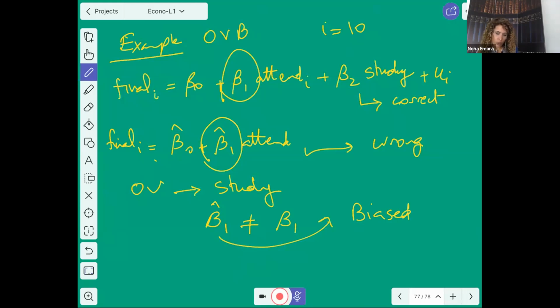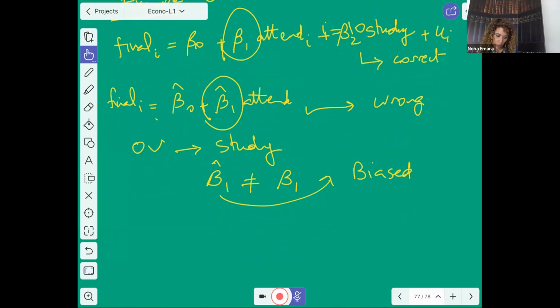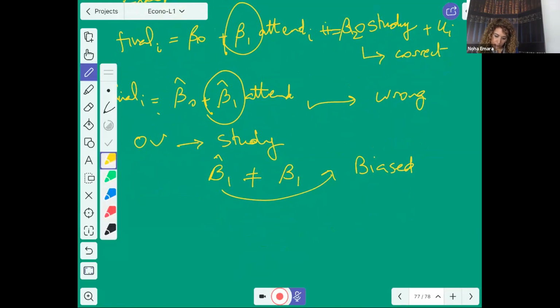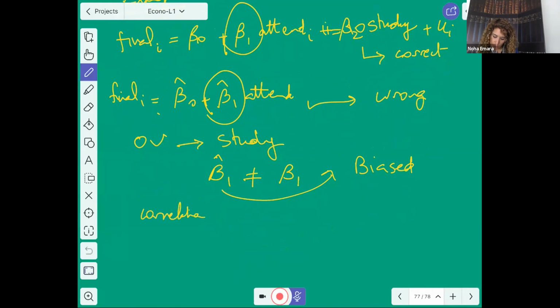So the question would be, what is the direction of the bias? Is it positive? Is it negative? The direction of the bias depends on the two things we mentioned. It depends on the correlation between study and the final exam, so the correlation between the omitted variable and Y. I'm sure it's positive, right?